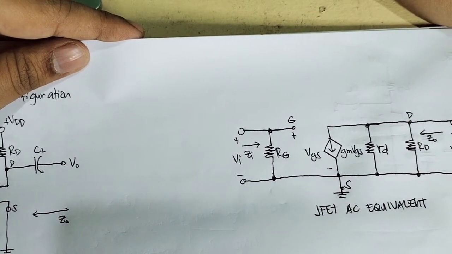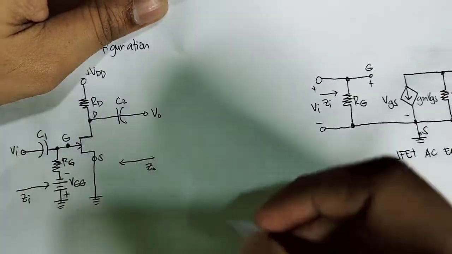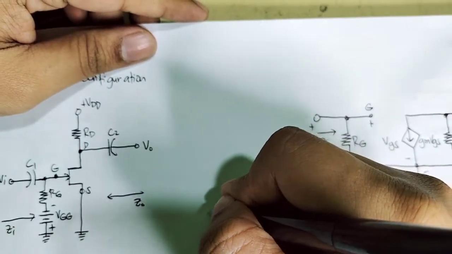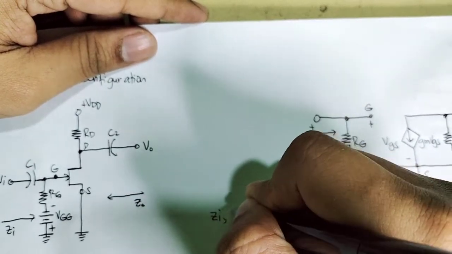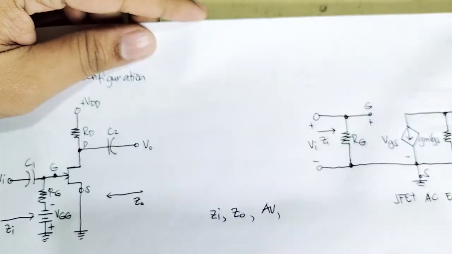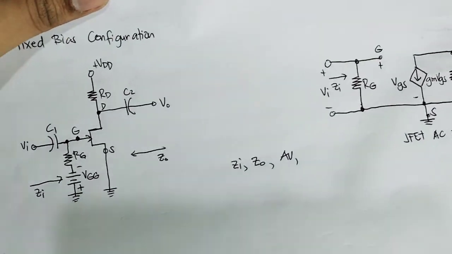So we're going to find the most important parameters of this analysis. The important parameters for an amplifier are the input impedance, the output impedance, and the voltage gain. So Z i, Z o, and the voltage gain.